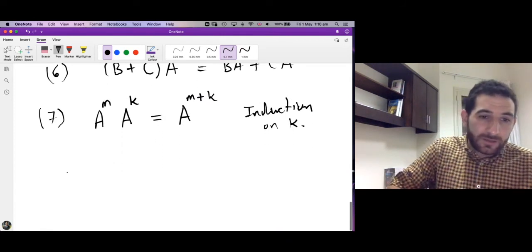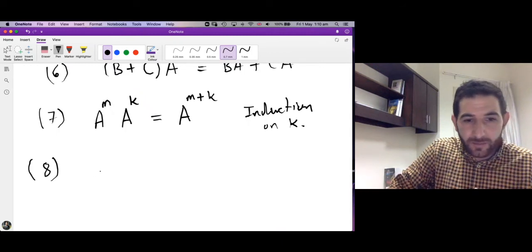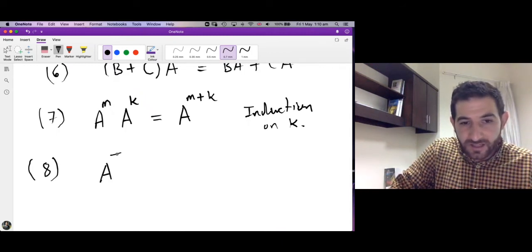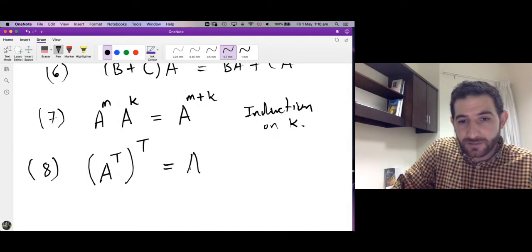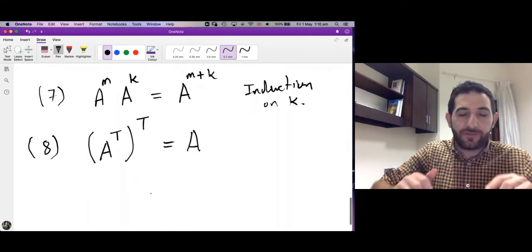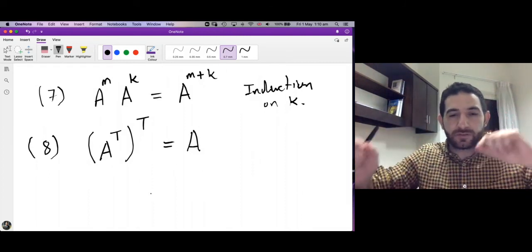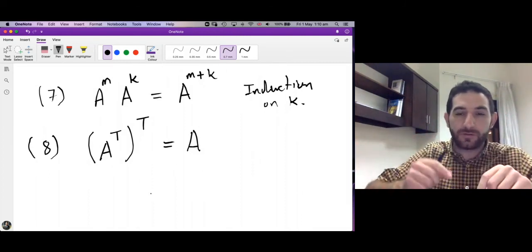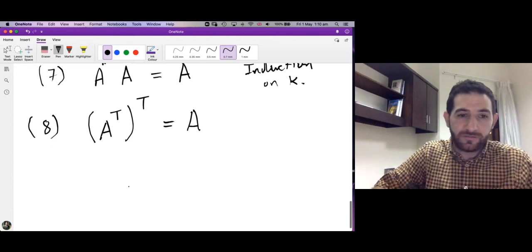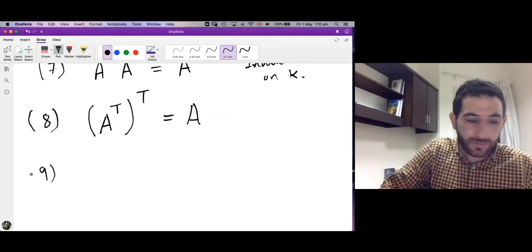Now what happens if you take a matrix A and take its transpose, and then take the transpose again, you get the same matrix you started with. So if you start with a matrix, you flip the rows to columns, and then again you flip the rows to columns, you get the first matrix you started with.